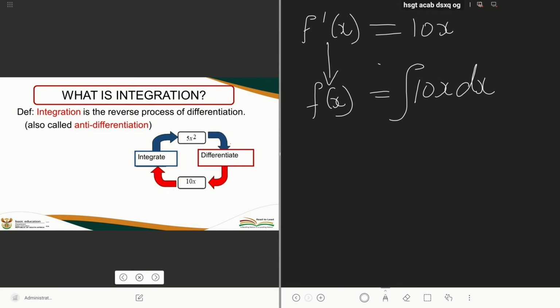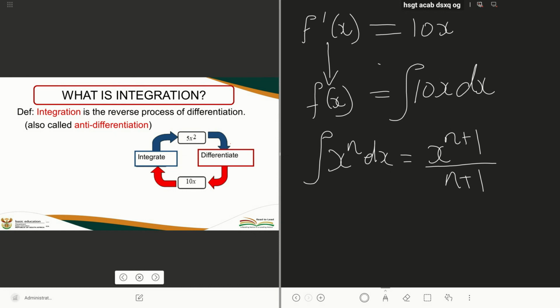The rule, although we are still going to explain it further, is that the integral of x to the exponent of n dx will be equal to x to the exponent of n plus 1, all divided by n plus 1.